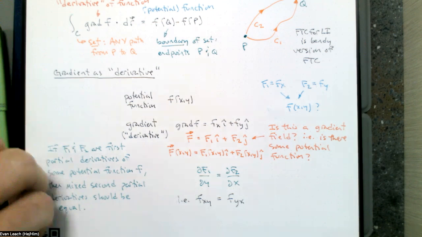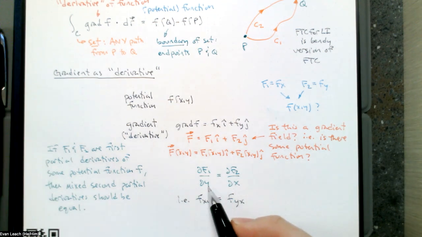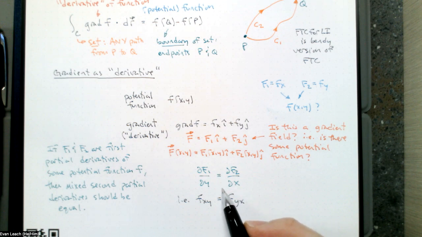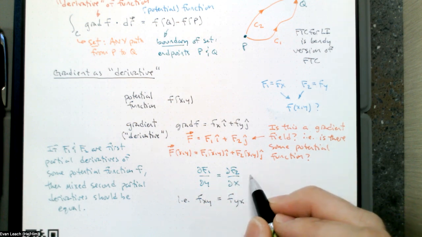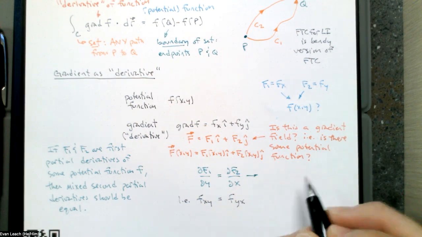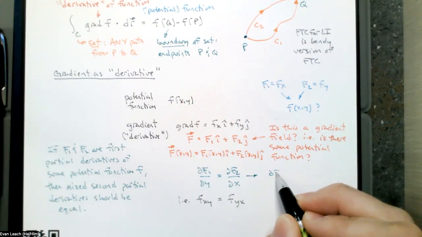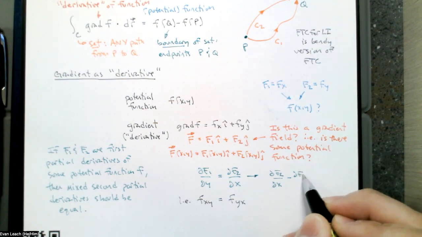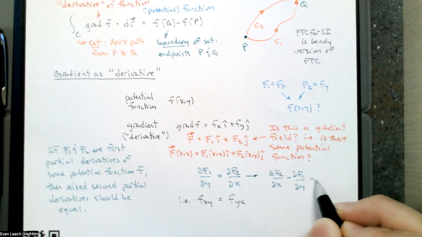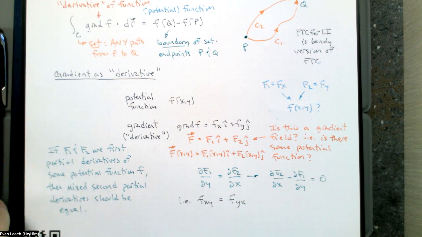So when we are checking if the partial of f1 with respect to y is equal to the partial of f2 with respect to x, we could think of this as their difference being 0. So that is the same question.